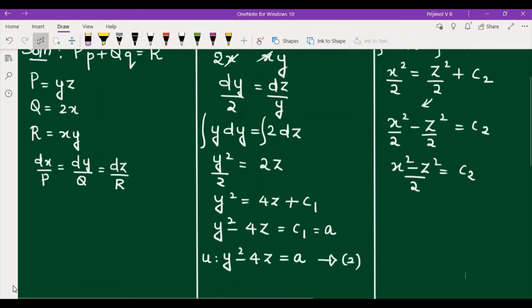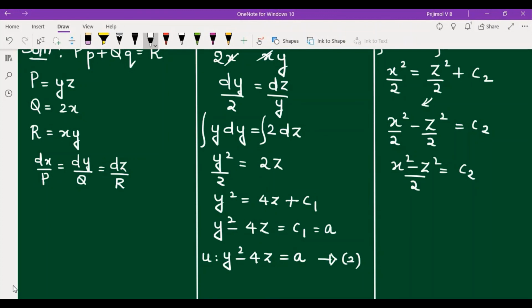Now bring this 2 to the right hand side, which is again x square minus z square equal to 2c2. This is another constant, I am calling it b. Thus we have got a solution, x square minus z square equal to b. Now you can call this solution v. So we have got a second solution, call this equation number 3.